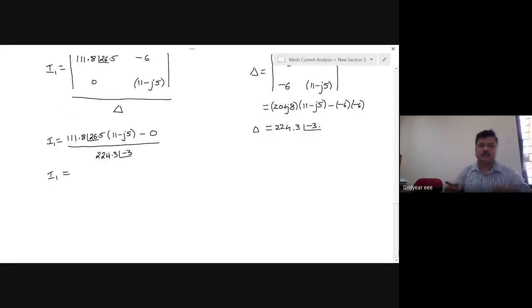You can enter the polar form directly in complex calculations also. I have taken mixed polar and rectangular. It should be practiced by you.